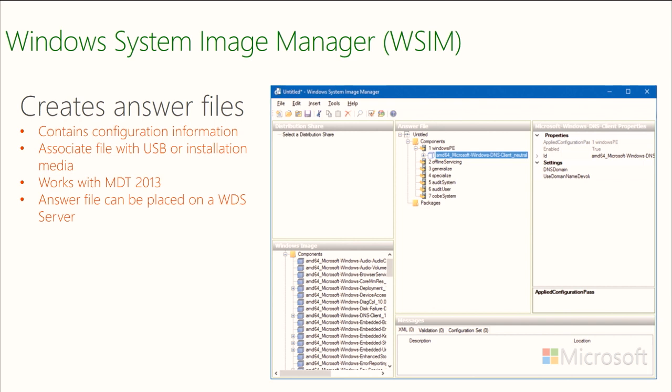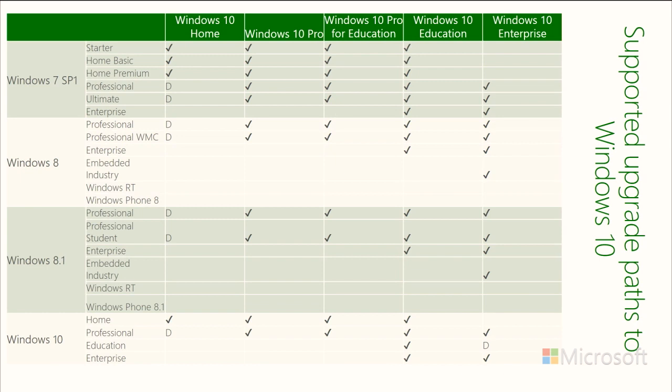So it works with MDT 2013 as well, and you can provide it as part of Windows Deployment Services, which is another tool that you can use to deploy images, and you can also add it to a USB. Yep, if you add this to a USB, let's say you're doing just a local install of Windows 10 on your Windows 7 machine, you can just put this as a file on a USB stick, and setup will automatically look at all drive letters, look for an autounattend.xml, and automatically run it.